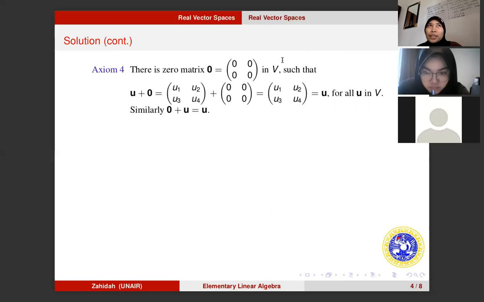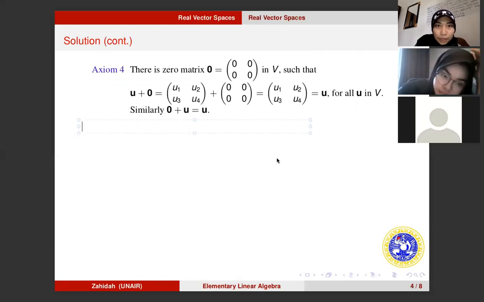Maybe in some cases we cannot easily guess what our zero vector is. So you can construct it, wait, I need to write. In case you cannot easily find our zero matrix, we have to construct it here.